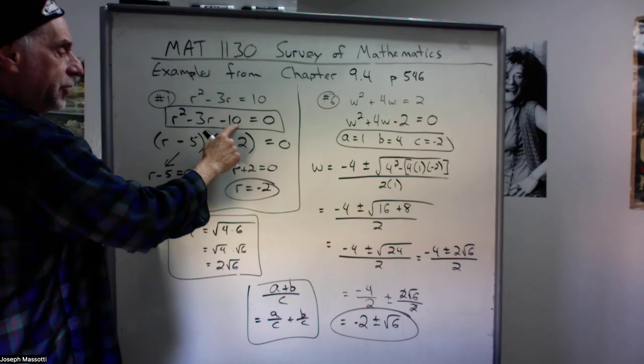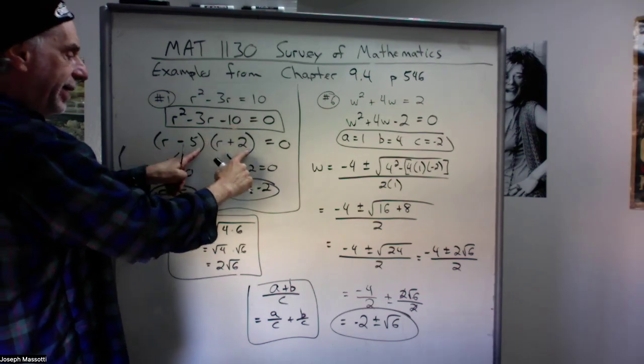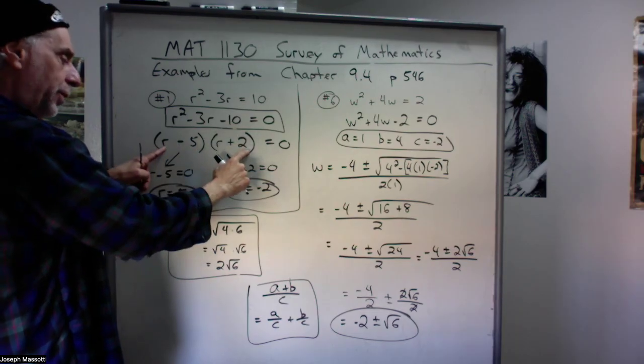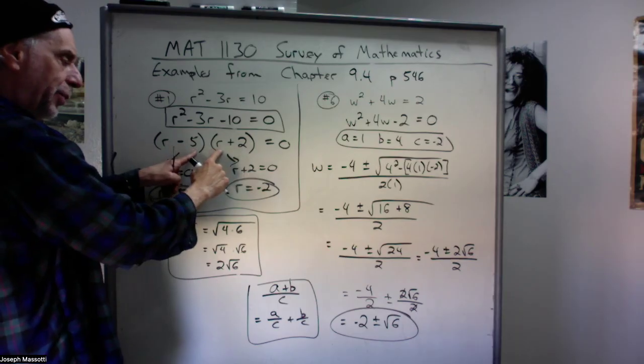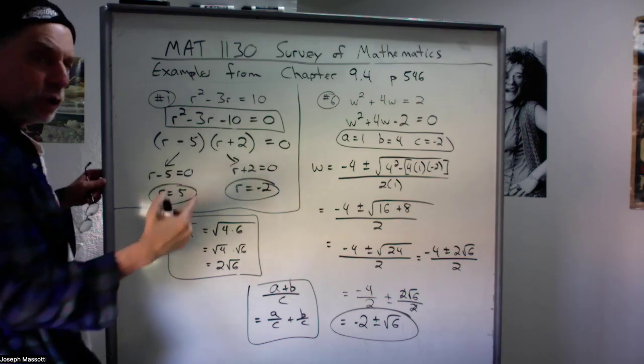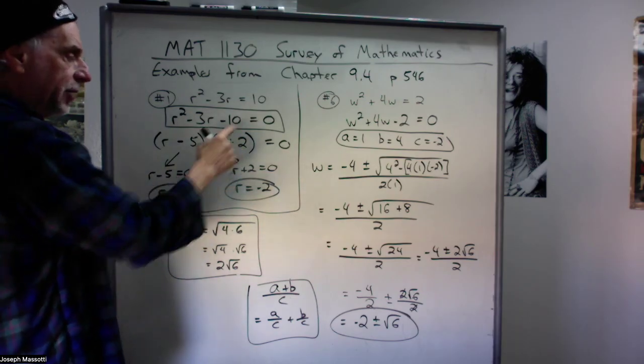Now we need factors of the c term. We need this times this to equal this number. But we also need the sum of the outside product plus the inside product to equal this term. So this is where the trial and error part comes in. You look at factors of 10.